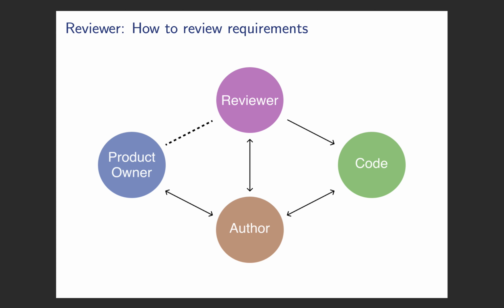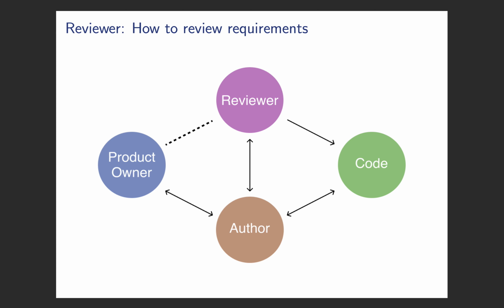You can also check, and I've seen this happen more with more junior engineers, that there's no gold plating going on, where you add in things that weren't actually part of the requirements. Or you can review the requirements gathering process itself versus the requirements, just making sure, did you ask about this?